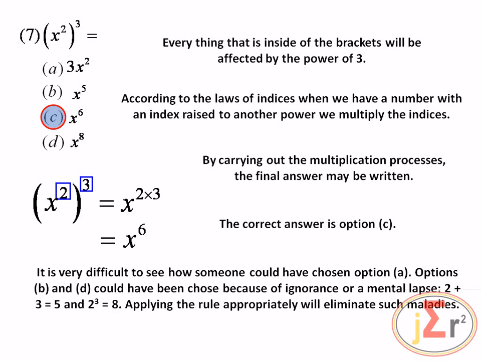So of course we can see that if candidates are not aware of the rules, or they have a lapse in concentration, they could have placed those values down. But option A is probably the one that is furthest away from being a distractor. Applying the rule appropriately will eliminate such maladies.